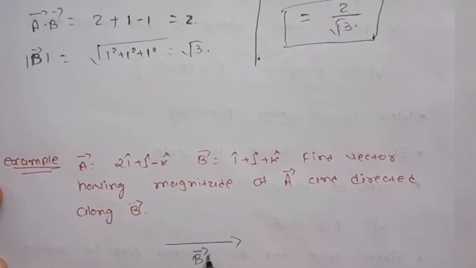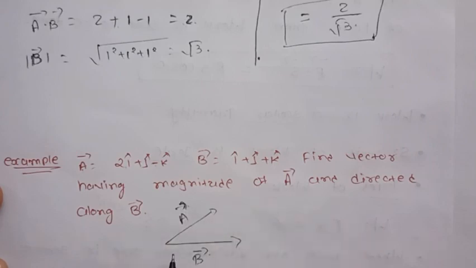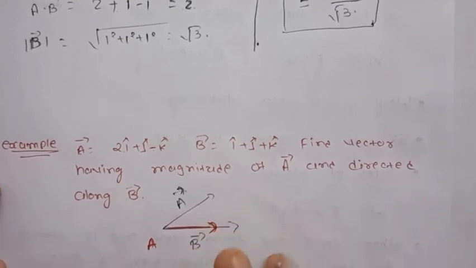This is B vector and this is A vector. We want a third vector having magnitude of A and directed along B.